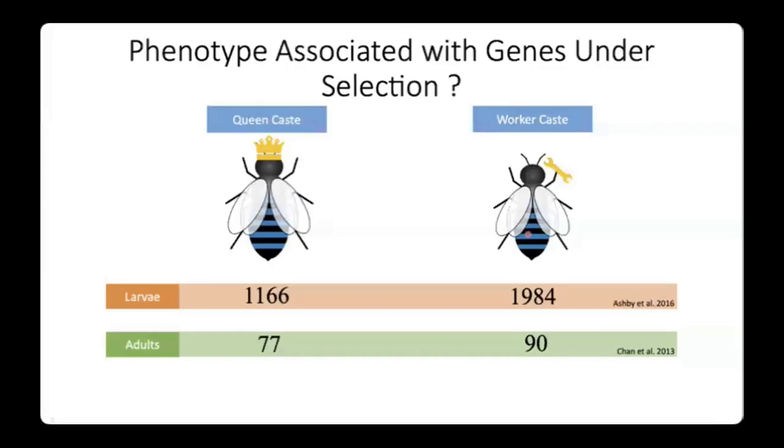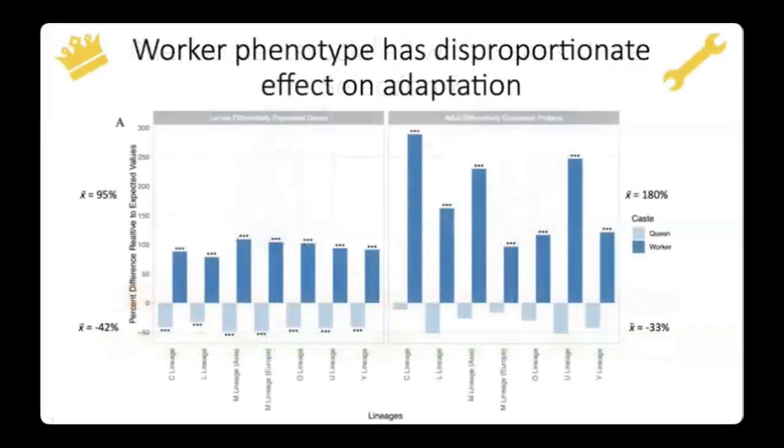We also worked with a previously published data set that looked at the differential expression of proteins between queens and workers. And in total, we had 77 genes expressed among queens relative to 90 genes expressed in workers relative to queens. And what we discovered was that genes associated with positive selection among lineages were significantly enriched in the worker caste relative to the queen caste. And the worker caste is highlighted in this dark blue color.